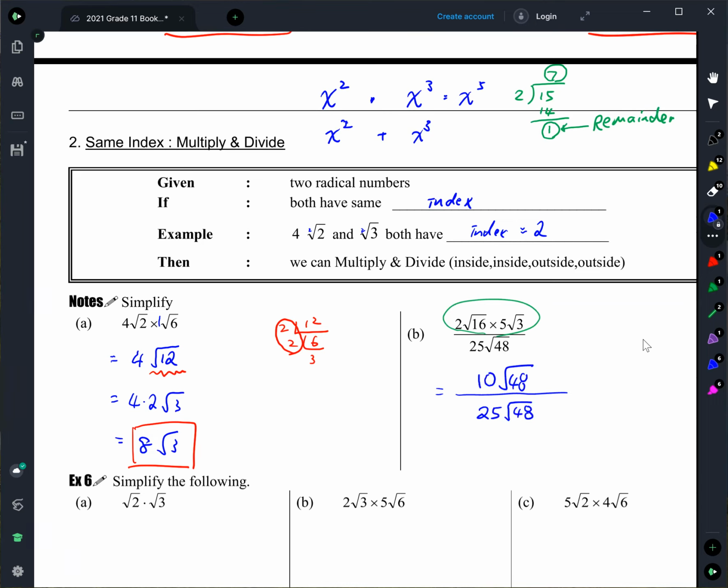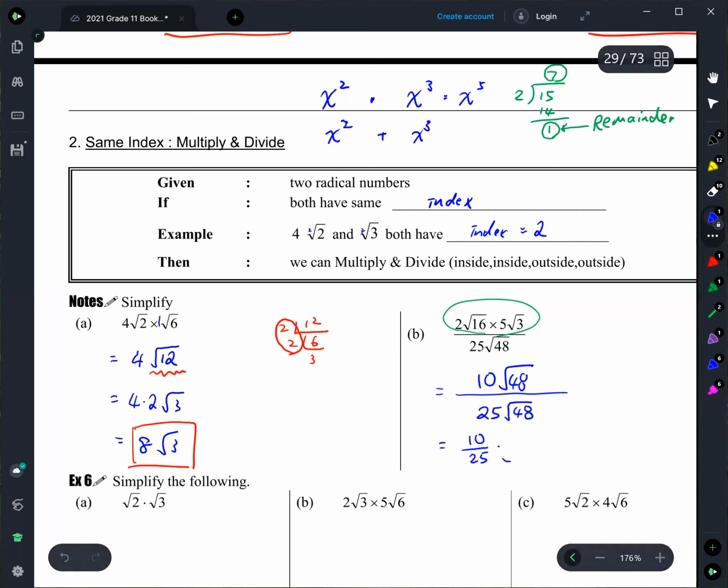For dividing, just like multiplying, outside number divides with the outside number, inside number divides with the inside number. So what you can do is write it like this: 10 over 25, right? That's outside with the outside. And the ones that are inside, you can put 48 divided by 48, right? Inside divided by inside.